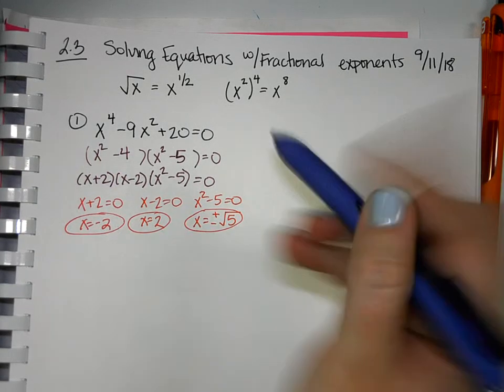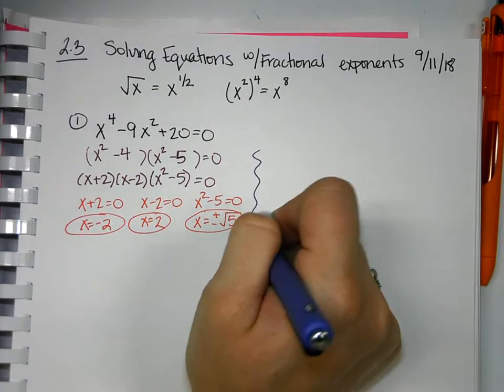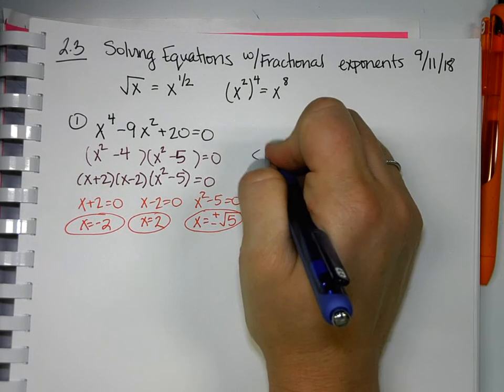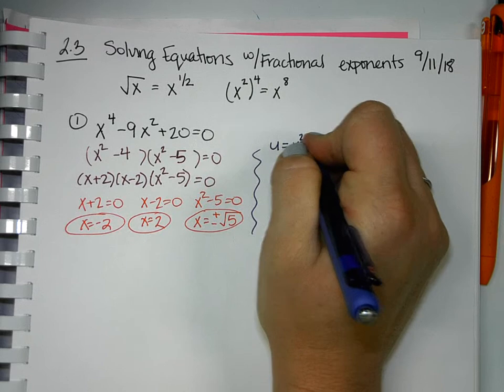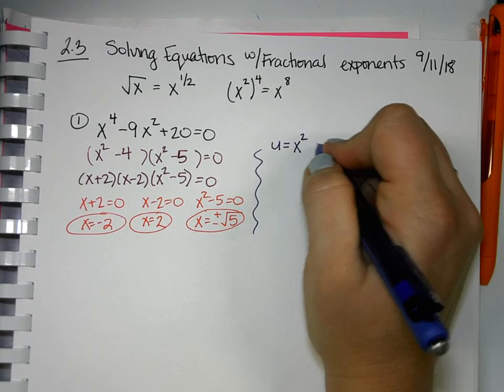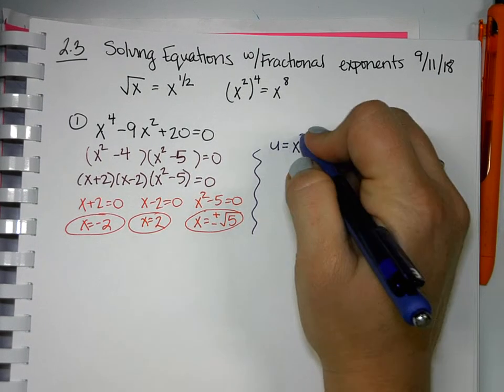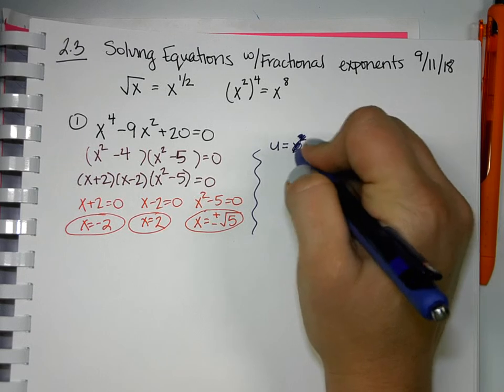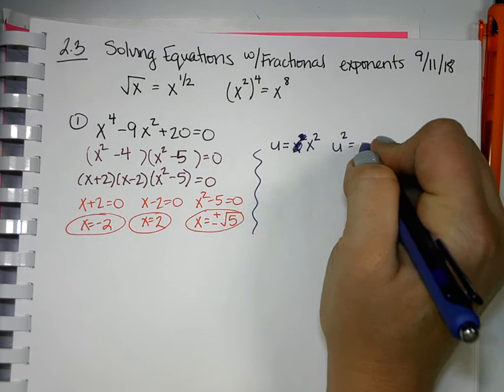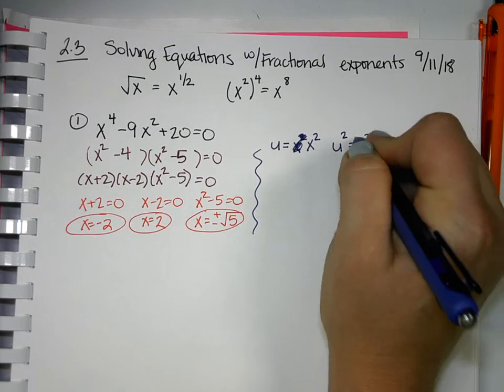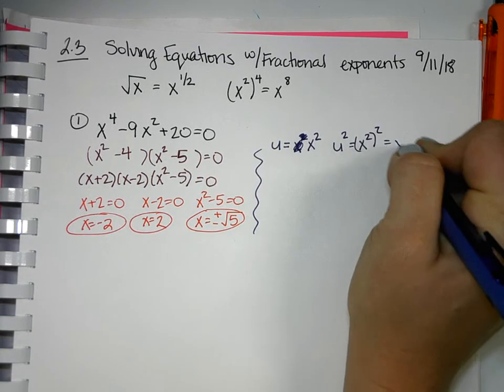Now, if you wanted to do a substitution, you could say let u equal x squared, because then when you square u, you get x to the 4th.